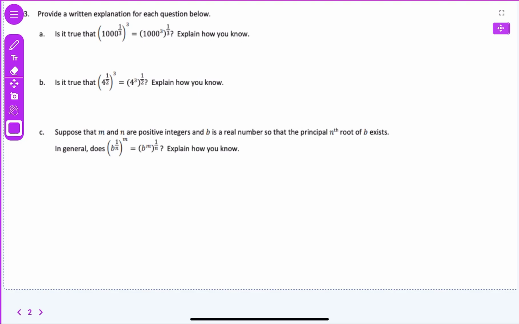Is that true? Think about your exponent rules. Is it true? Anybody? They want to take a stab at that?